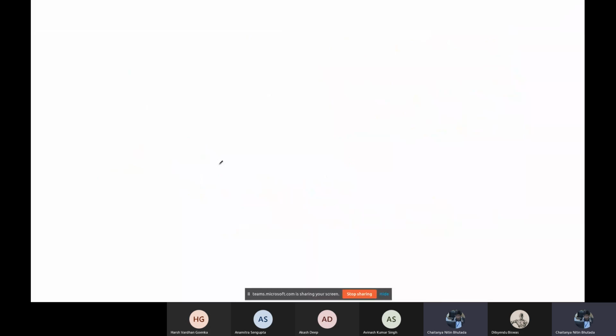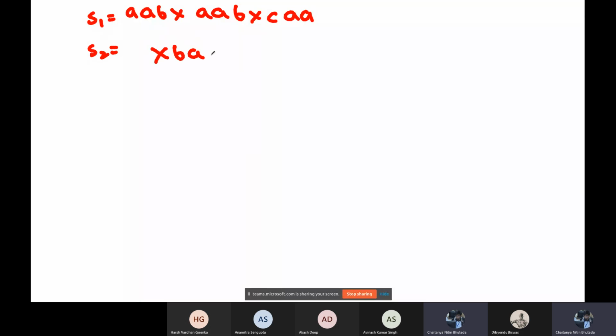So, I'm taking an example. Suppose I am given a string AABXAABXCAA, and this is S1, and I have to find if the pattern XBA is there in this string.